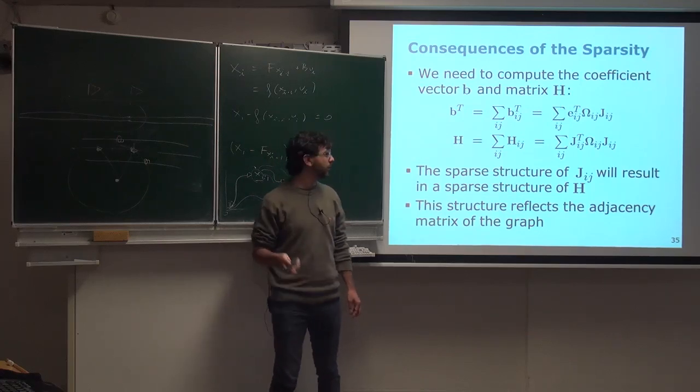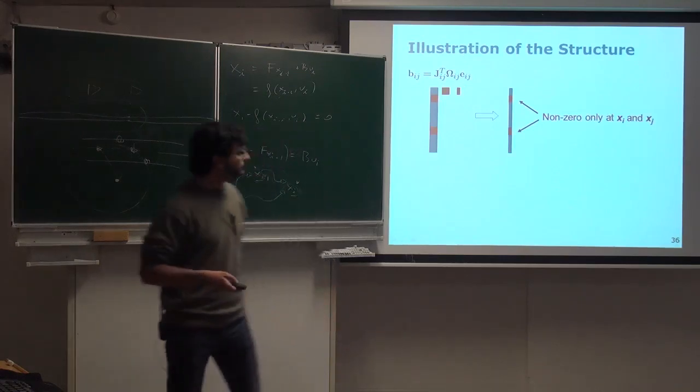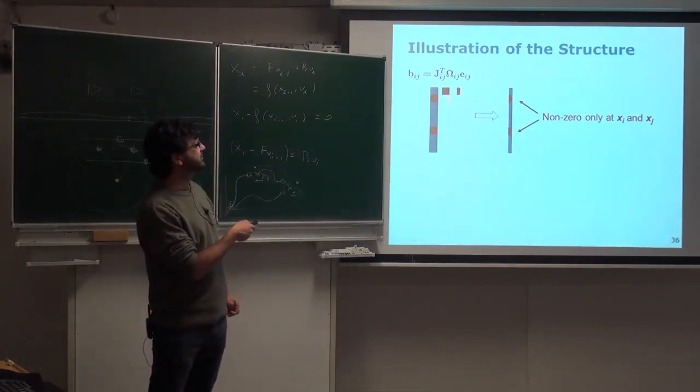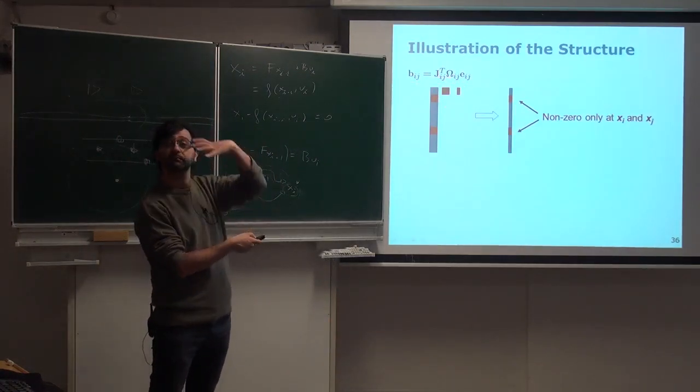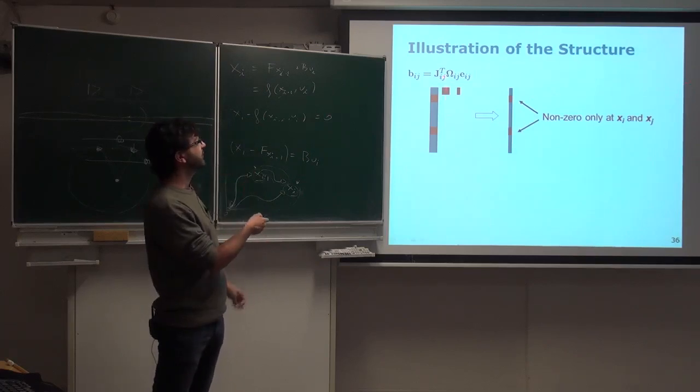Okay? So if you now look at this, imagine one measurement that only involves i and j, and this will be i and this will be j.